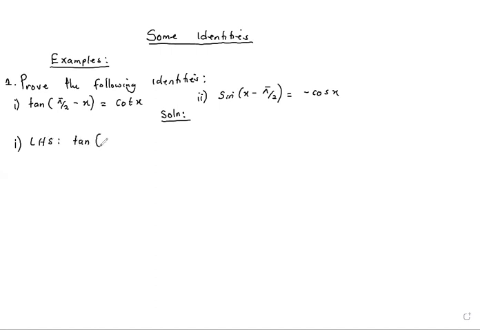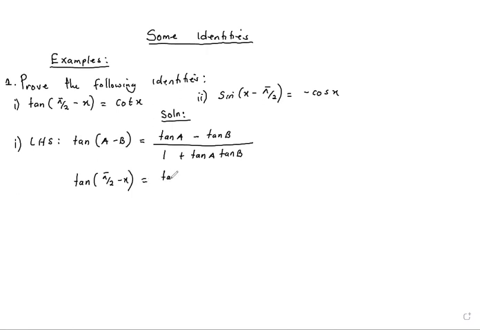So tan, we know that tan A minus B is the same as tan A minus tan B over 1 plus tan A tan B. So we have the question, tan pi over 2 minus x.